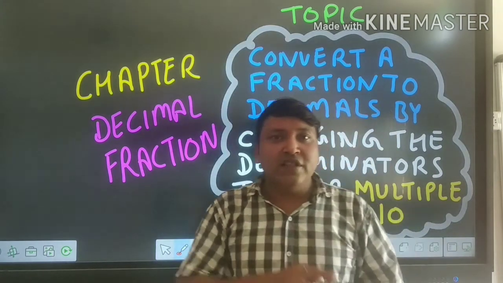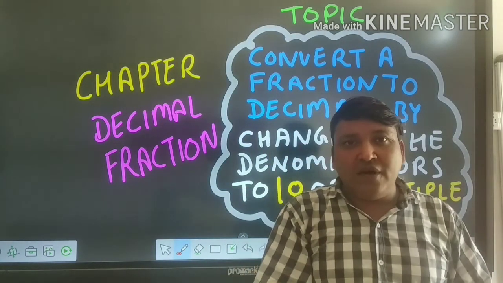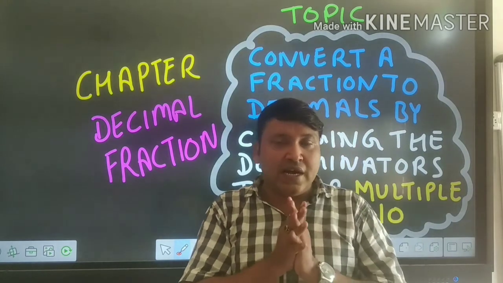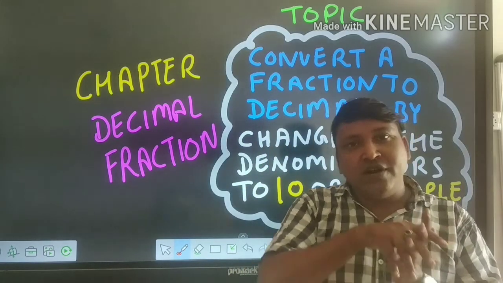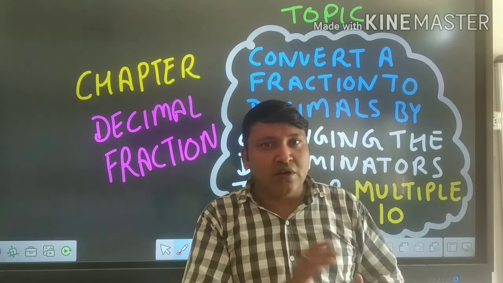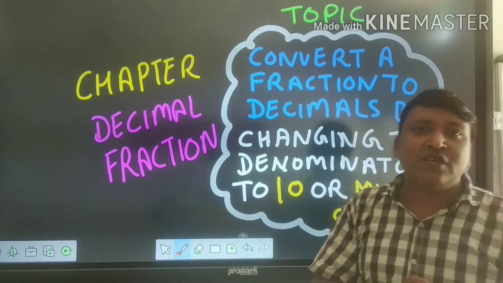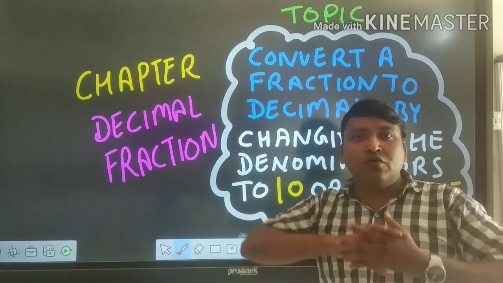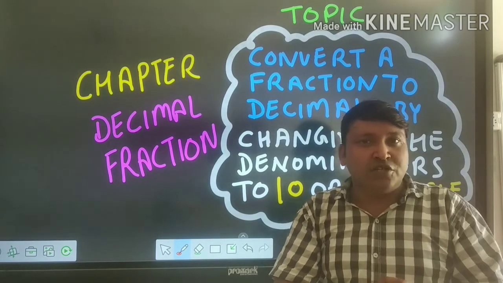So student, in the earlier video we learned how to convert a fraction into decimal form by actual division. But in this case you are not supposed to do the actual calculation.